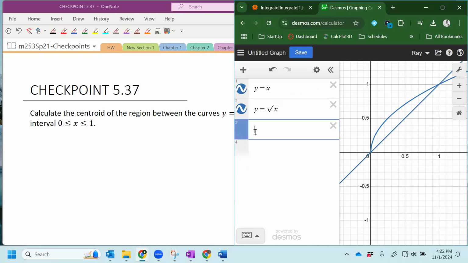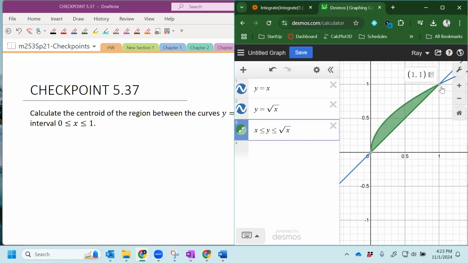If we set up the set of inequalities, our lower limit here looks like it'll be x. That's the graph on the bottom in that little region. So x less than or equal to y less than or equal to the square root of x.